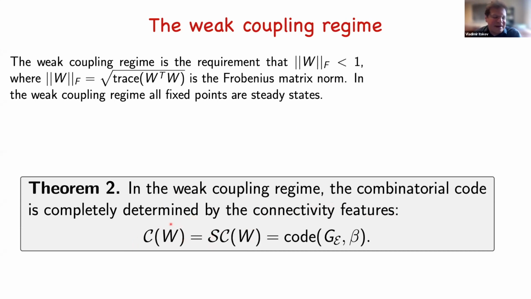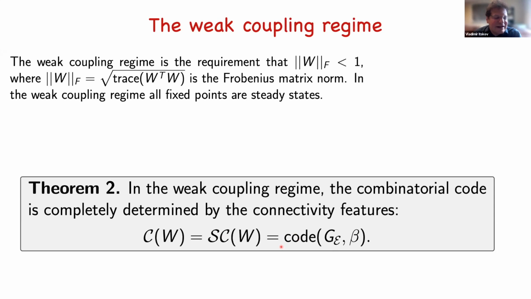The fact that every fixed point in this regime is a steady state, I presume was well known before. There is quite a literature on the subject, but to me, what stands out is that now it can be completely described in terms of connectivity features of the network. So this is a really interesting theorem.